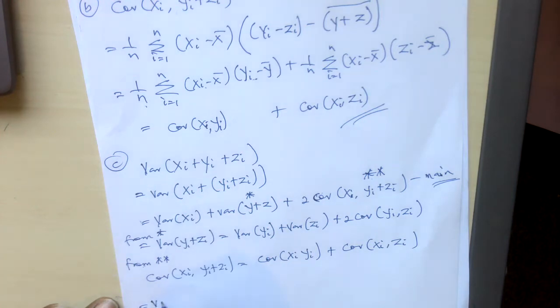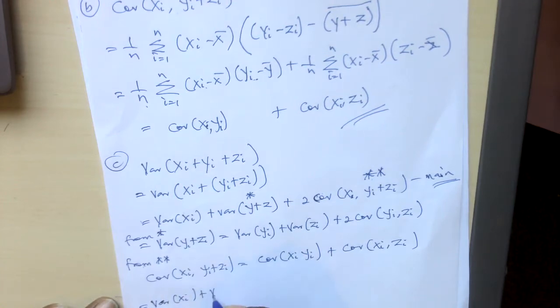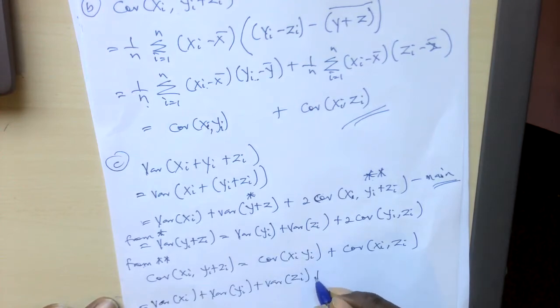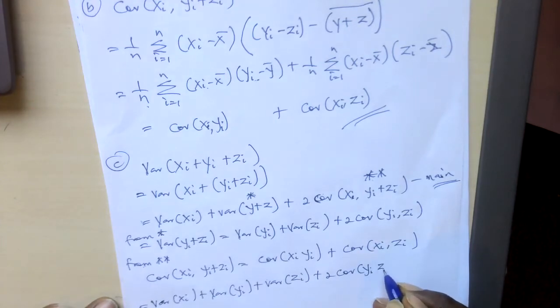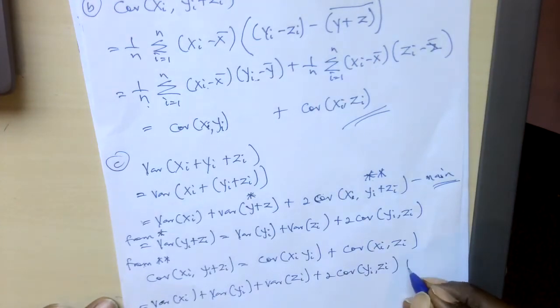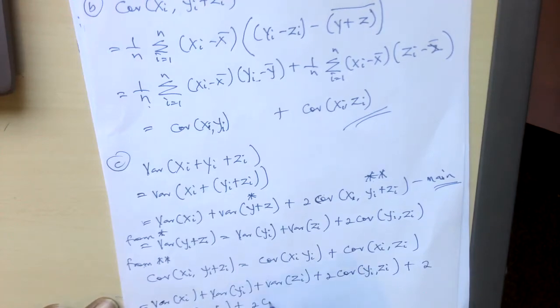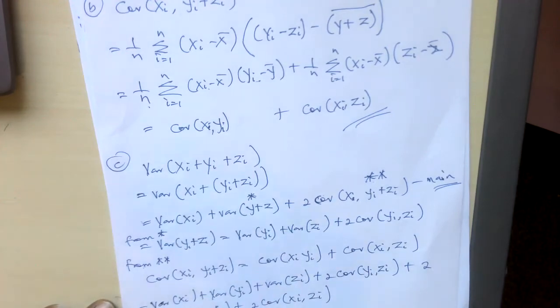the variance of xi plus the variance of yi plus the variance of zi plus 2 covariance of yi, zi plus 2 covariance of xi, yi plus 2 covariance of xi, zi, right?